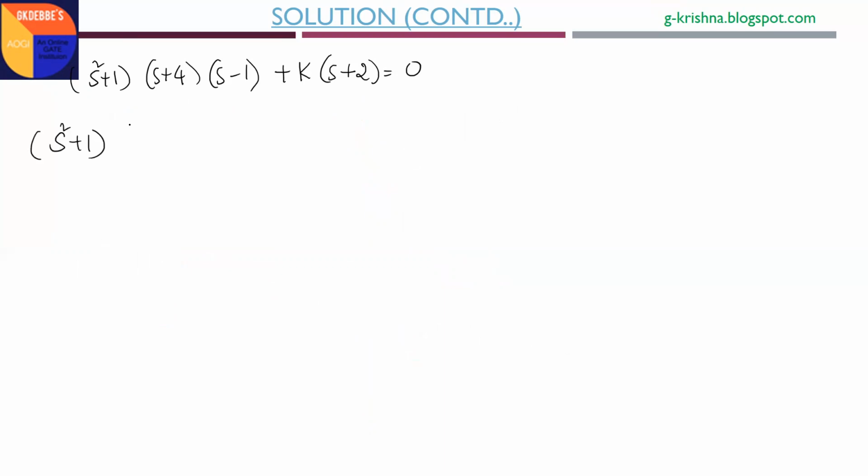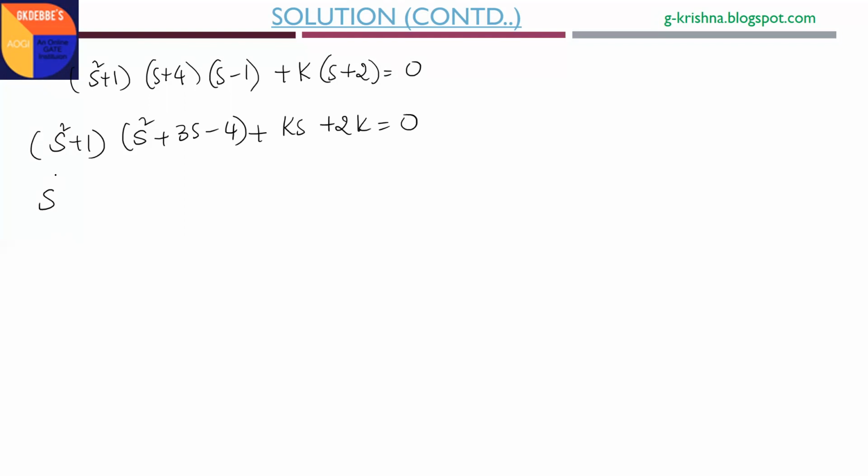What is the characteristic equation? (S square plus 1) into (S plus 4)(S minus 1) plus K into (S plus 2) equal to 0. That is (S square plus 1) into (S square plus 3S minus 4) plus KS plus 2K equals 0.